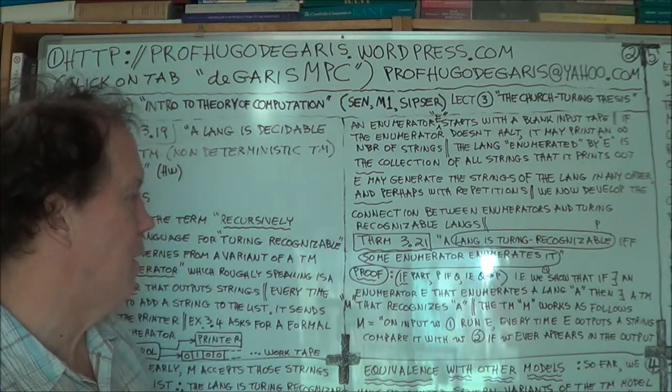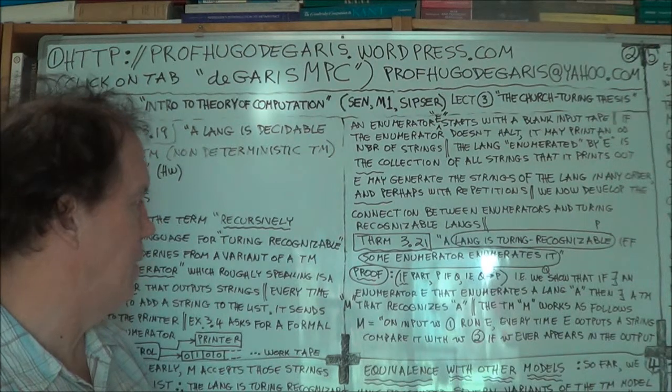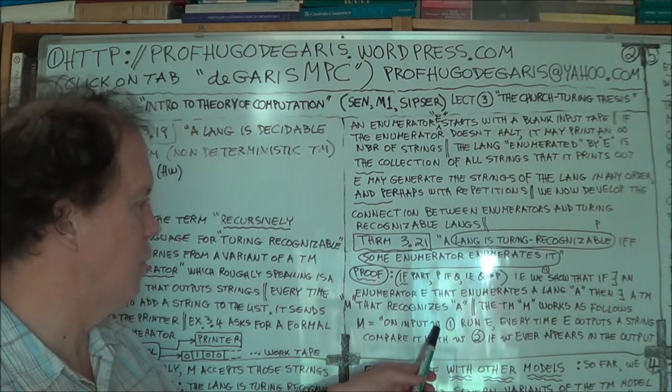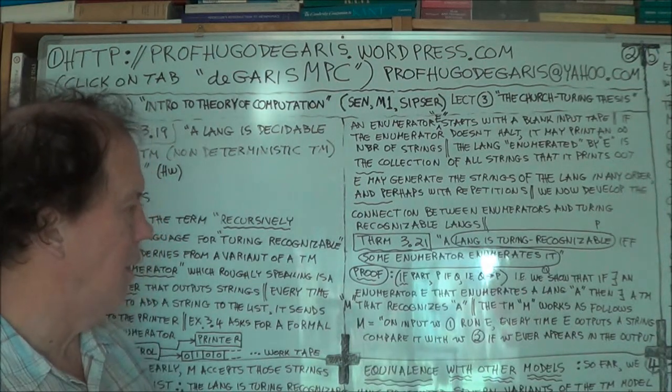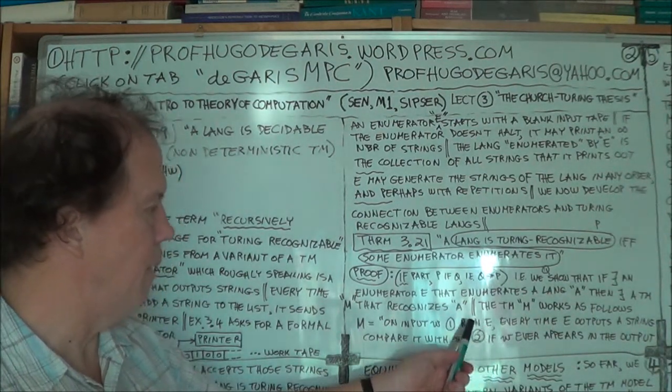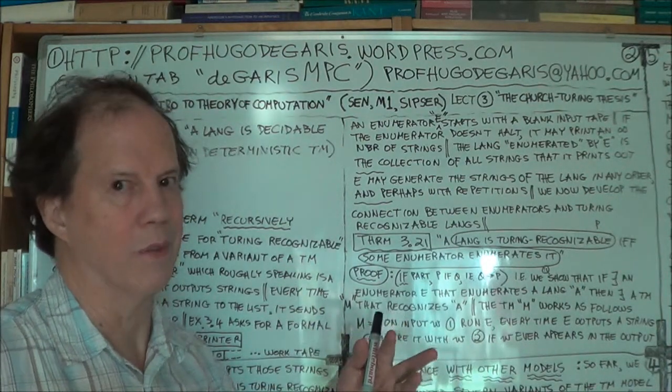Okay, so how does that work? Well, you input a string W to your Turing machine M, and you run E, your enumerator, that version of the Turing machine with the printer.